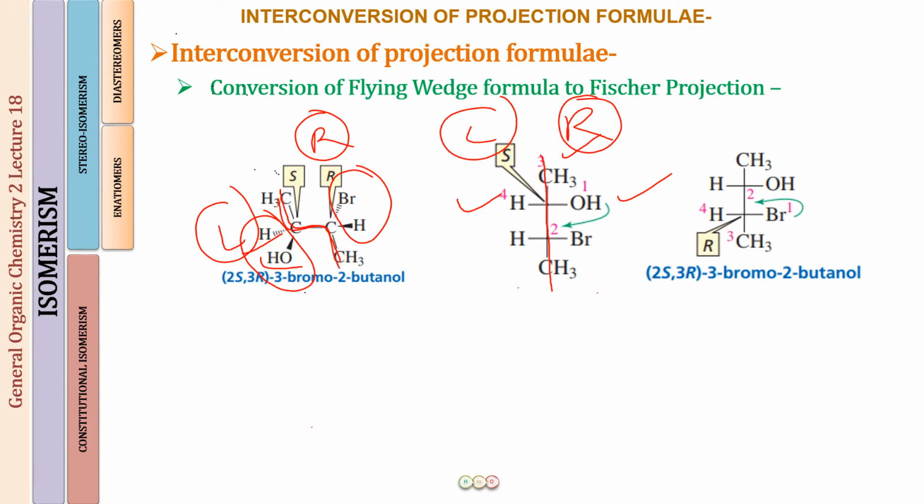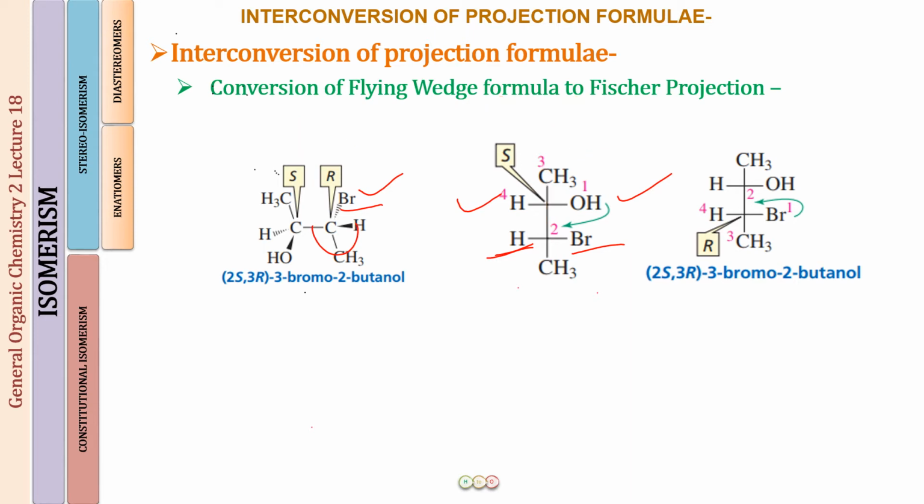So now we will keep the group which is on the right side and represented by a dash on the right side, and take the other group to the left side. So now bromine will remain here on the right side and hydrogen we will take to the opposite side. So this goes to the left. And this is how you quickly draw a Fischer projection from a flying wedge.